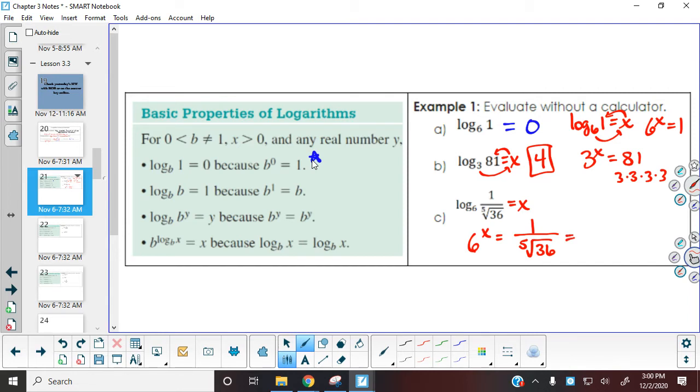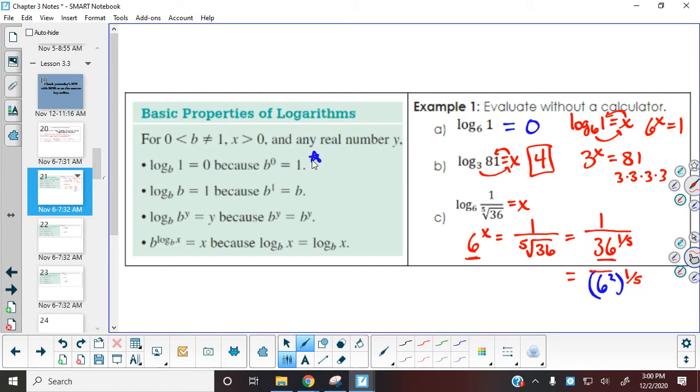The 5th root is the same as the 1/5 power, so I would rewrite it like that. Then in order to get 36 as the same base as 6, 36 is 6 squared. So I would rewrite that 36 to be 6 squared.